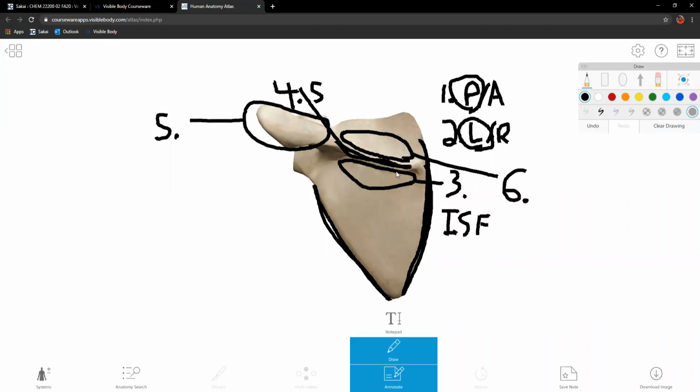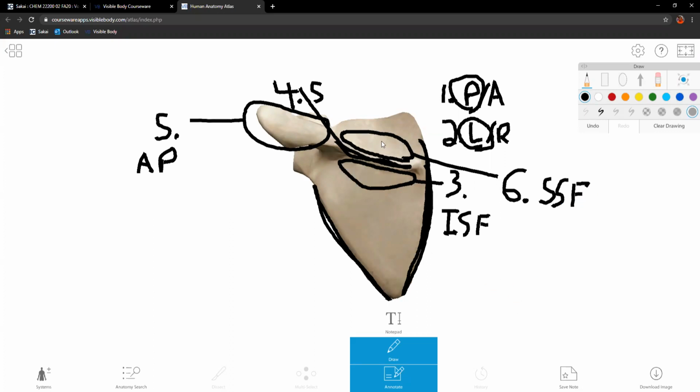So S for spine. And then number 5, kind of an extension or continuation of the spine, this is going to be our acromion process. And then number 6, so if this is the infraspinous fossa down here for number 3, above the spine is going to be our supraspinous fossa.